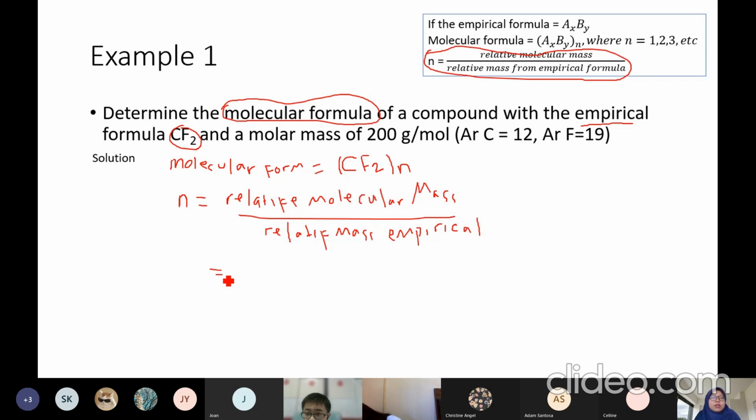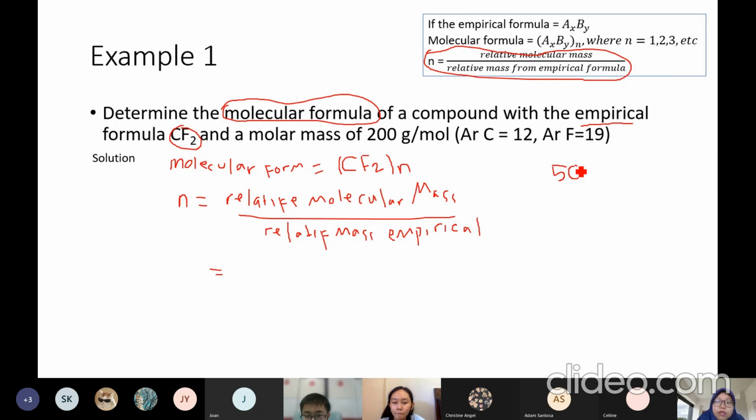What is relative molecular mass? 50? Is it correct?